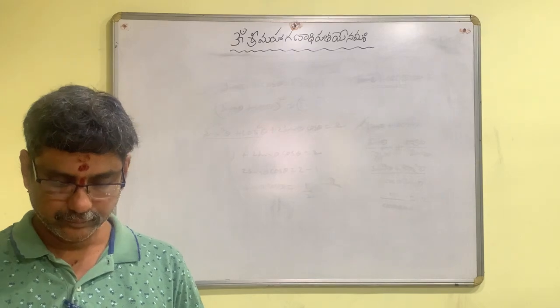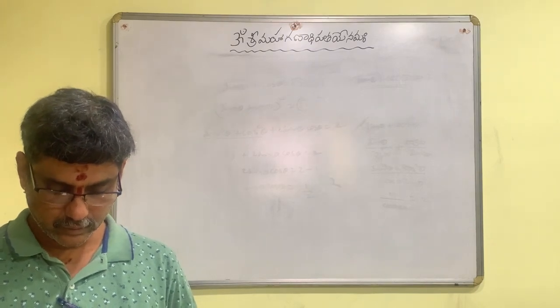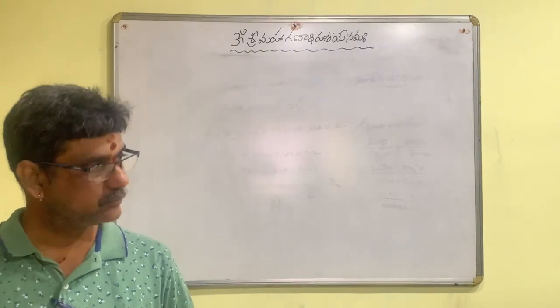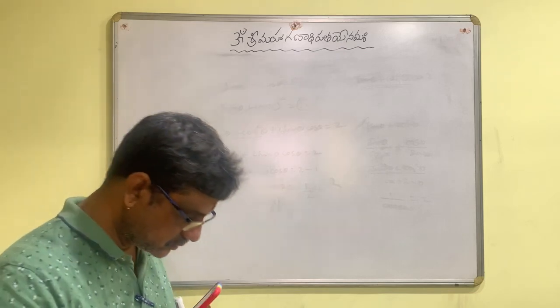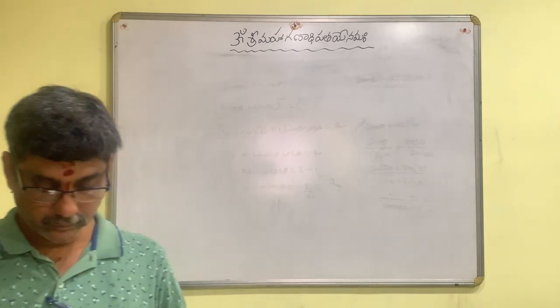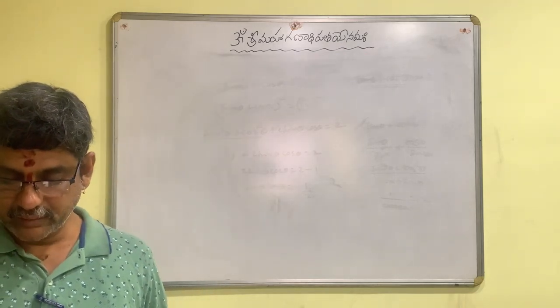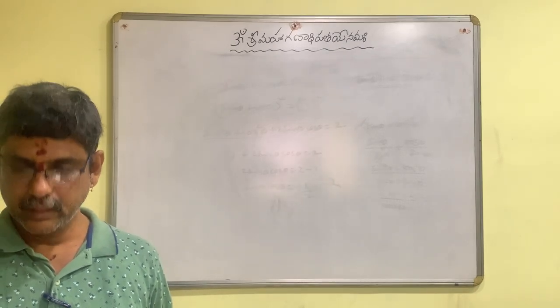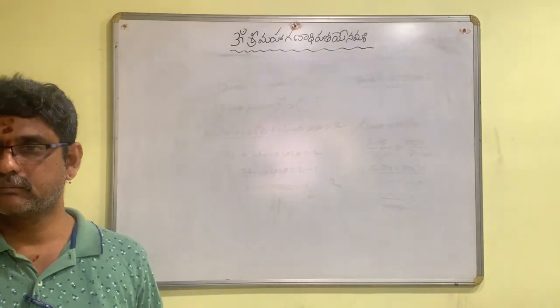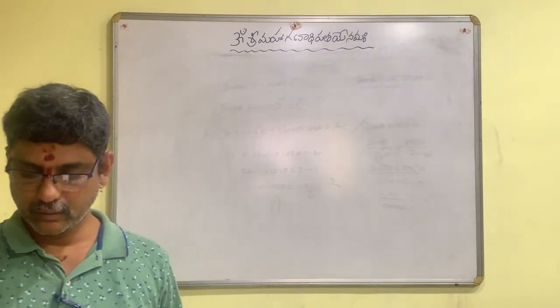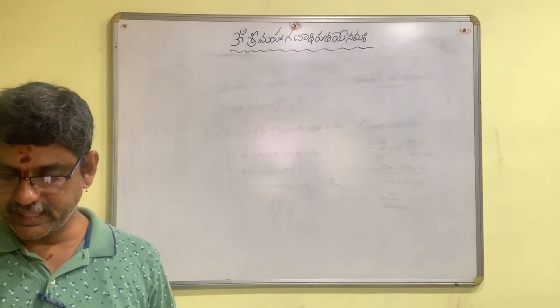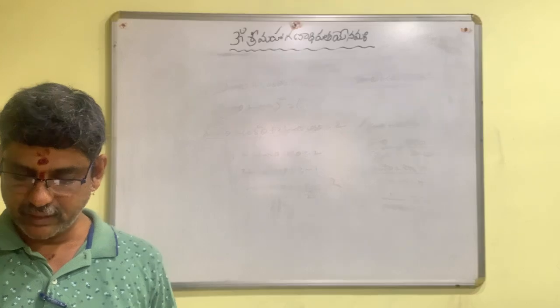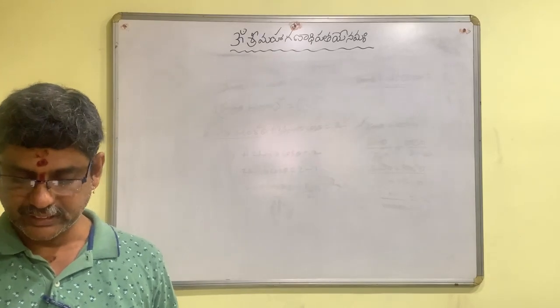34th question. The angle of elevation of an aeroplane from a point on the ground is 60 degrees. After a flight of 30 seconds, the angle of elevation becomes 30 degrees.